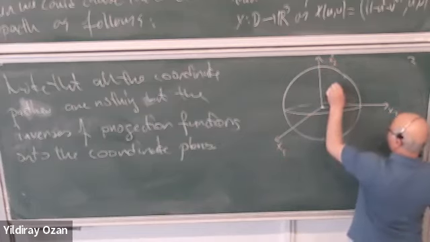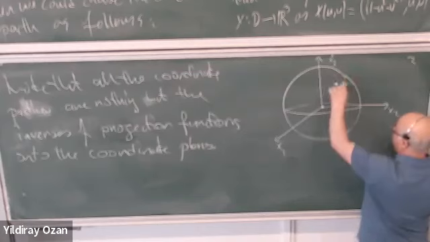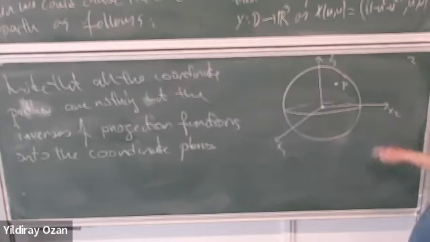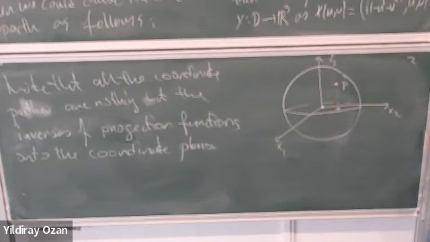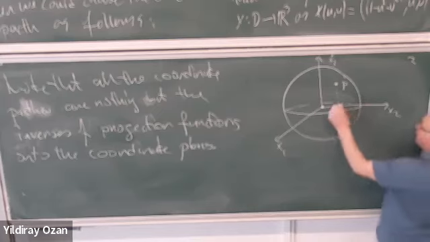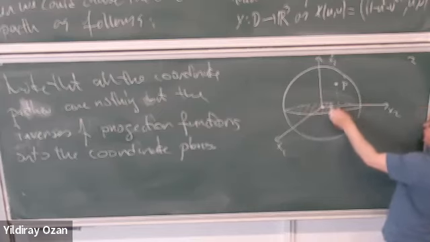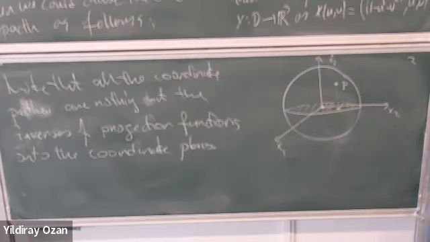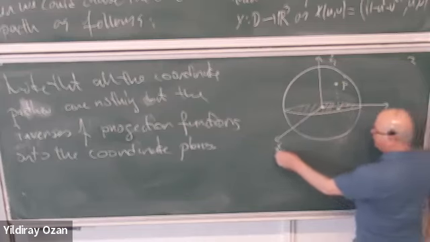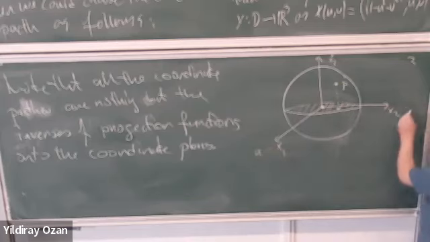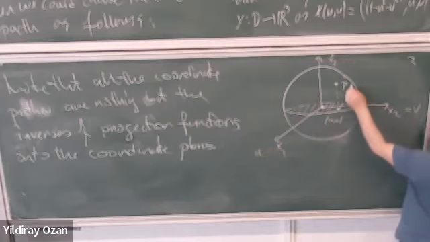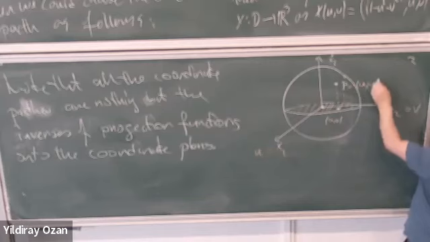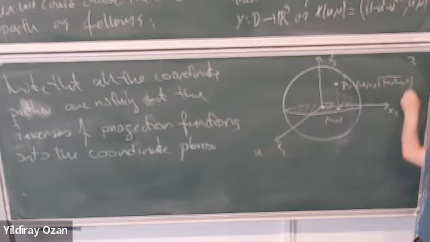If you are at a point like this, then you may consider projection onto the XY plane. So here is this point, and that gives a coordinate patch defined on this unit disk, which is in the plane x1, x2. And in that case, I would call this U and V, right? So this point is just, let's say, UV, and this point P is UV, 1 minus U squared minus V squared.